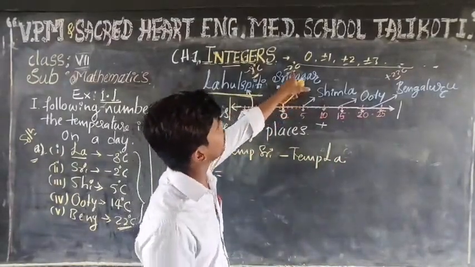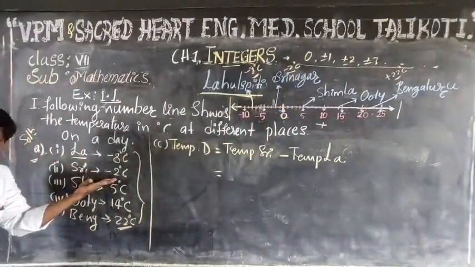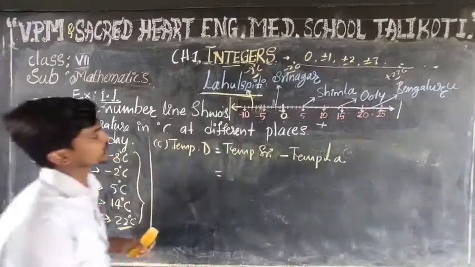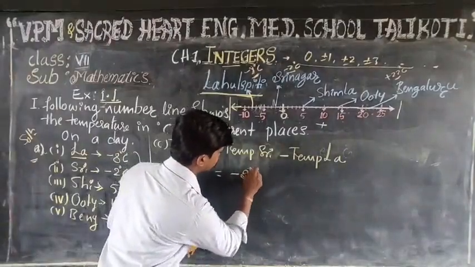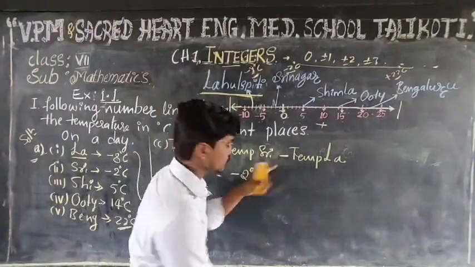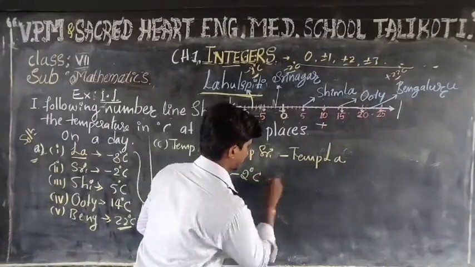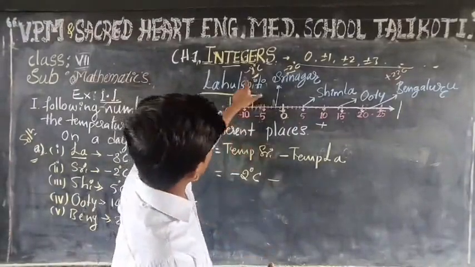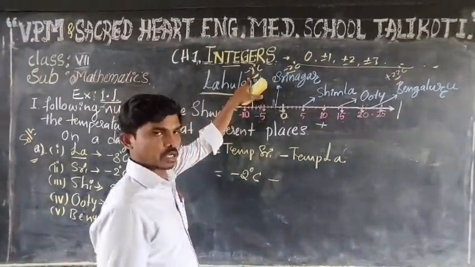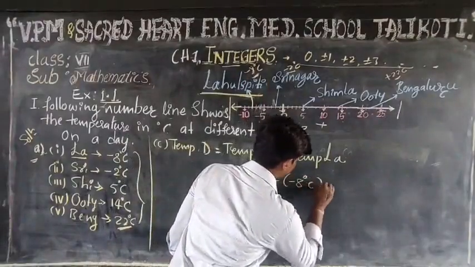The temperature of Srinagar is minus 2 degrees Celsius, because we found in the first problem that the temperature of Srinagar is minus 2 degrees Celsius. Afterwards, here is a minus sign. Just mention the minus sign. Afterwards, the temperature of Lahaul Spiti, which is minus 8 degrees Celsius.